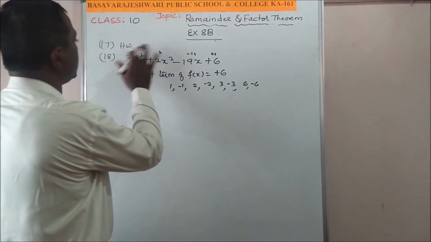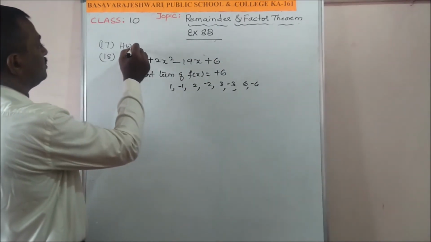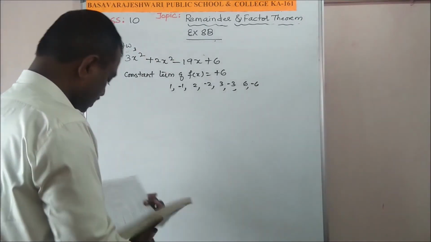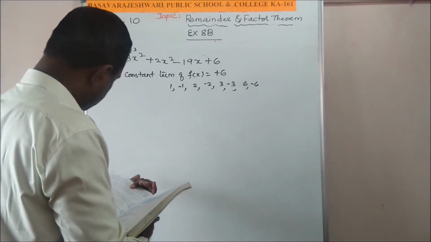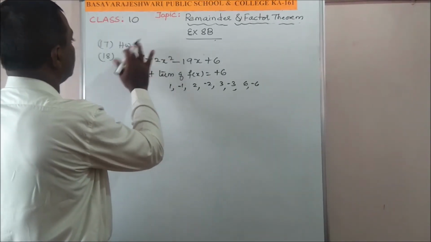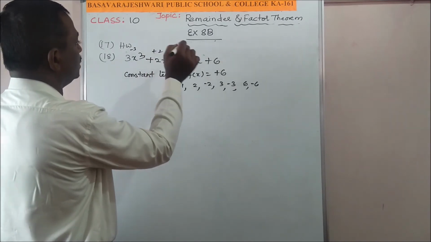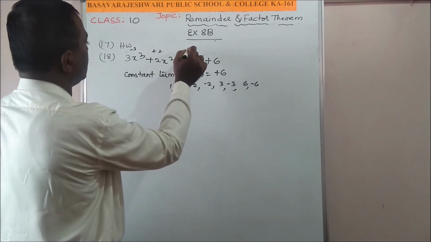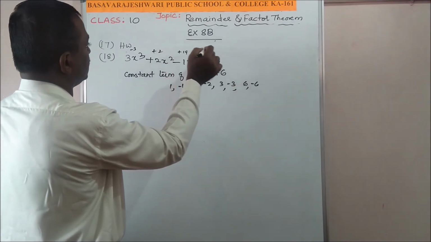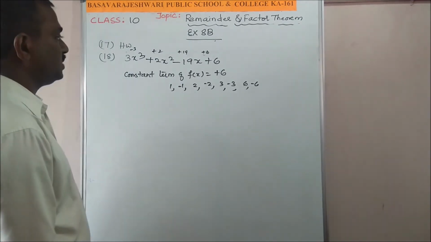If I take minus 1, this becomes 3x cube, minus 3, this becomes 2, this becomes plus 19, this becomes plus 6. So it will also not go.